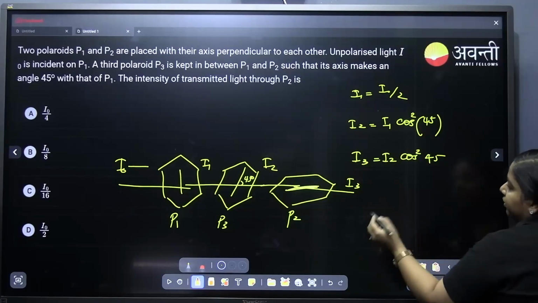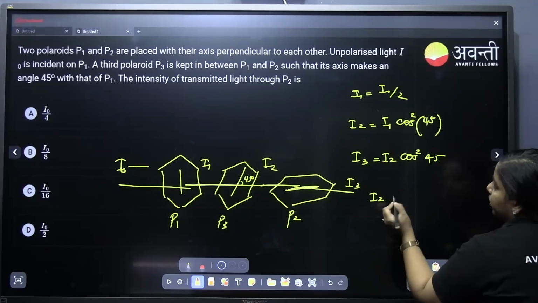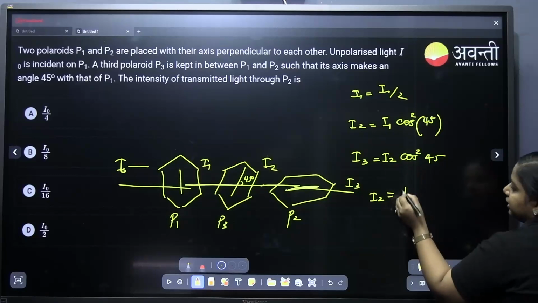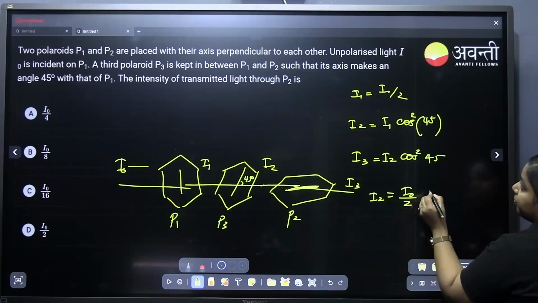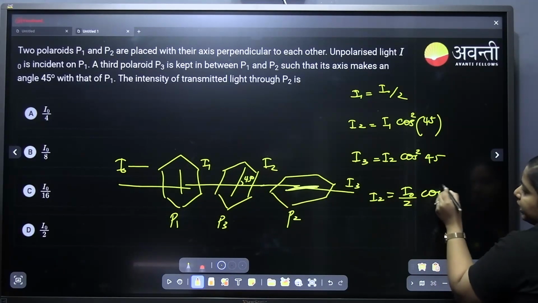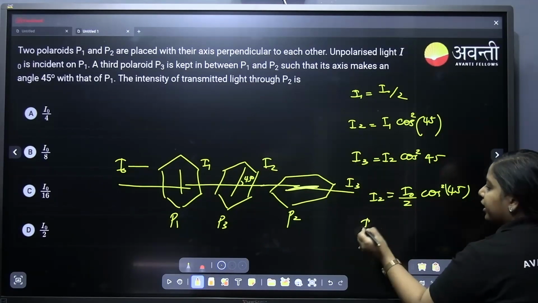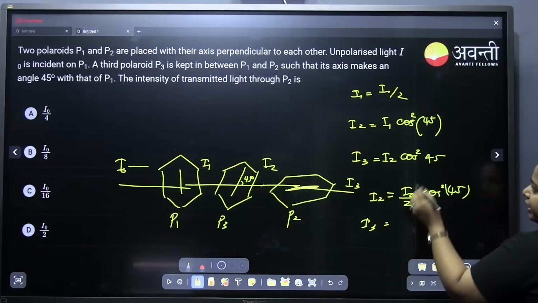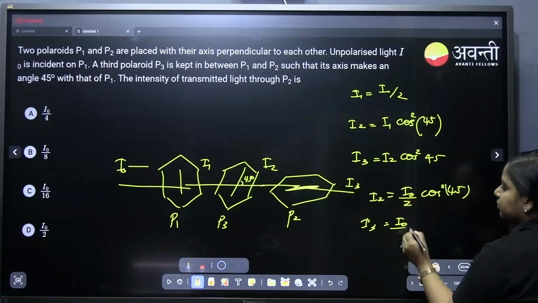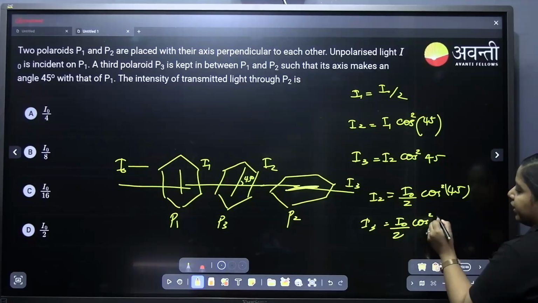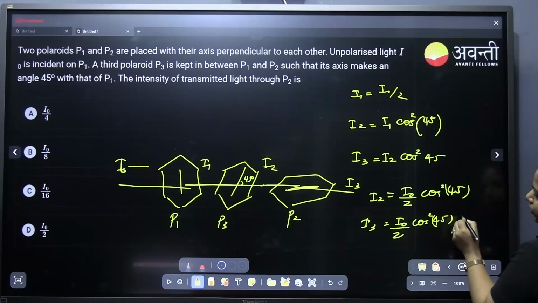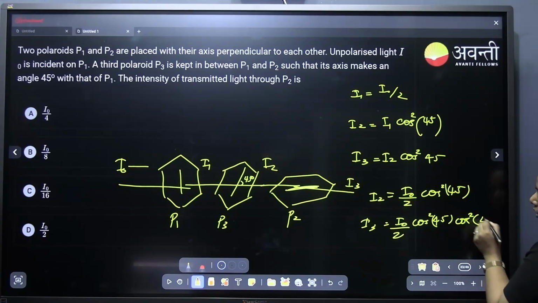Now I2 is equal to I1, which is I0 by 2, into cos square 45. Then I3 will be equal to I0 by 2 cos square 45 into cos square 45, right?